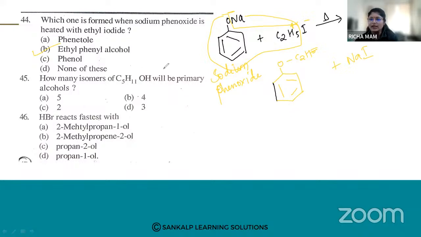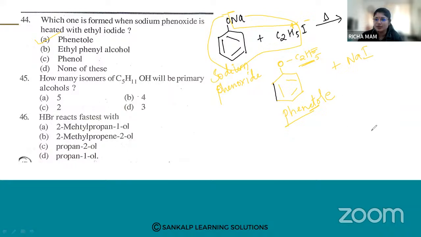So option number A, phenetol, you are right. It is named as phenetol, where C2H5 is the ethyl group and the other is the phenyl group. So option number A is the correct one. Yes, good.